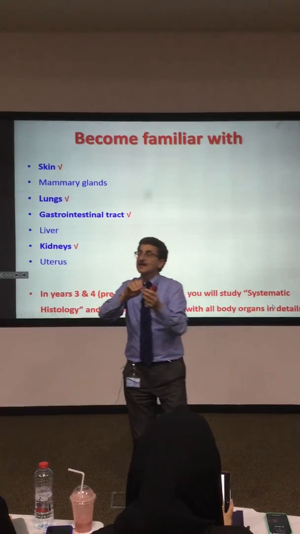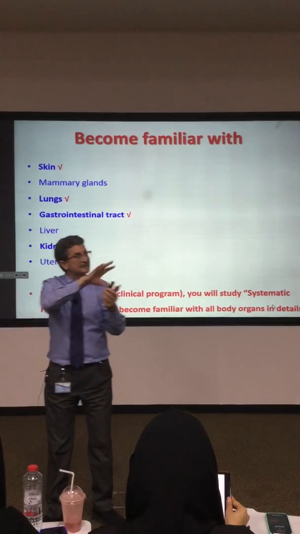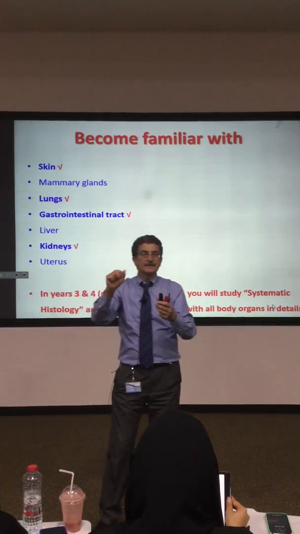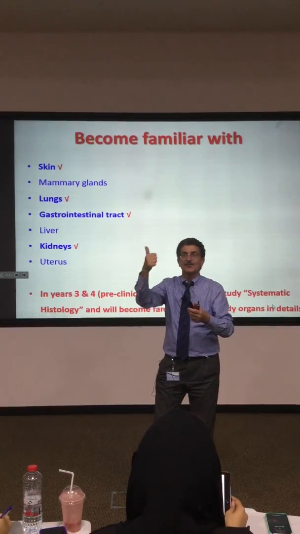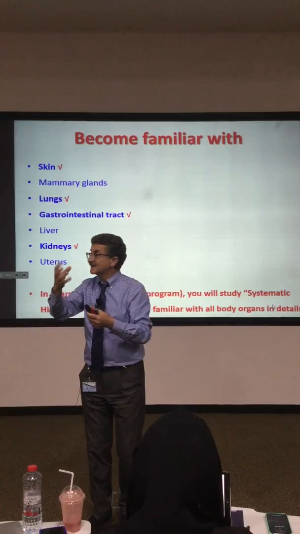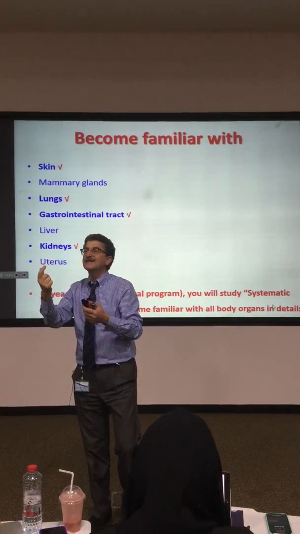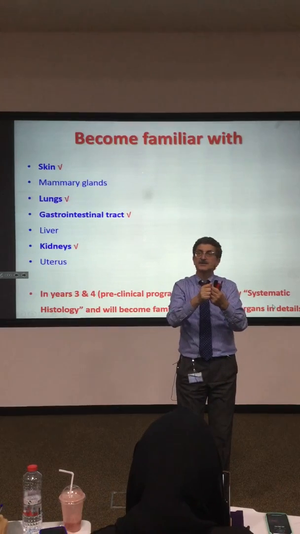And the wall of the alveoli is lined by two types of cells. It is simple squamous, but two types of cells: pneumocyte type 1 and pneumocyte type 2. Pneumocyte type 2 secretes the surfactant, and pneumocyte type 1 is involved in gas exchange.